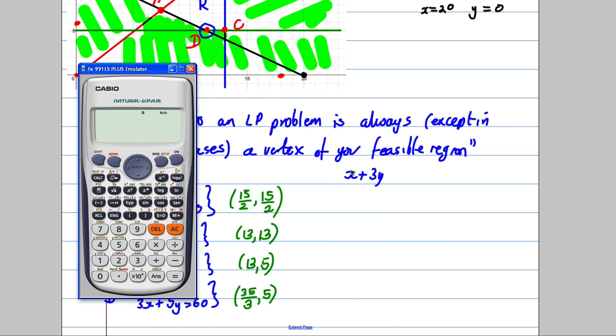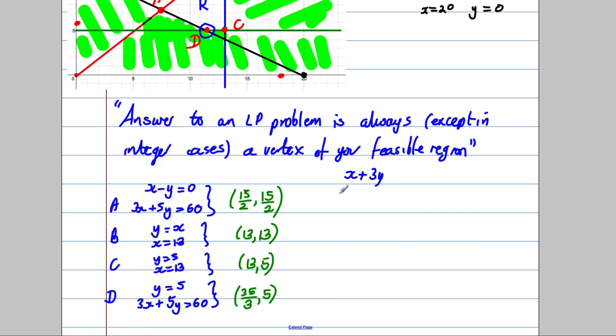My first number is 15 over 2 plus 3 times 15 over 2. And I'd work that out and I get 30. So here the objective is equal to 30.